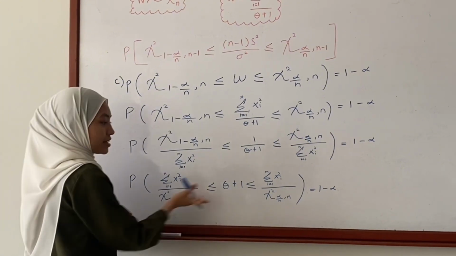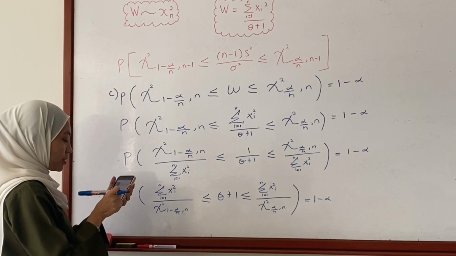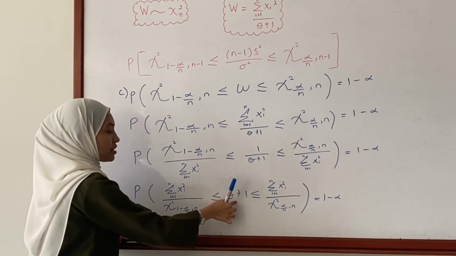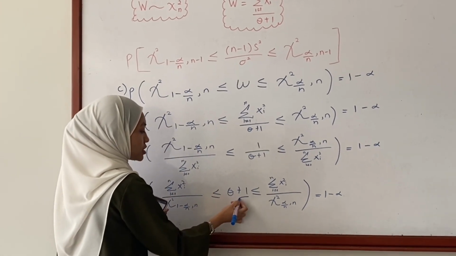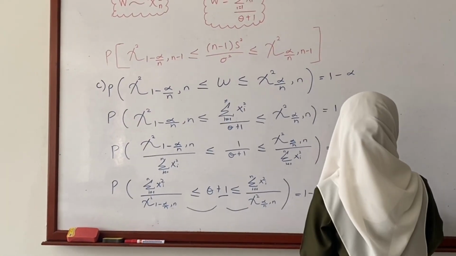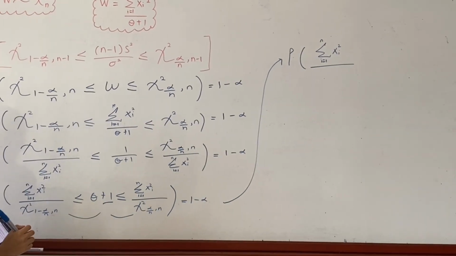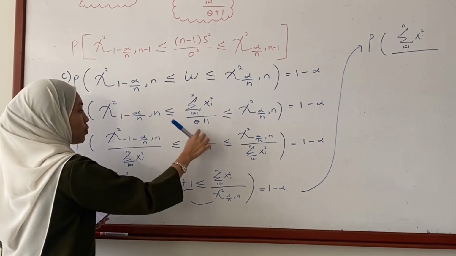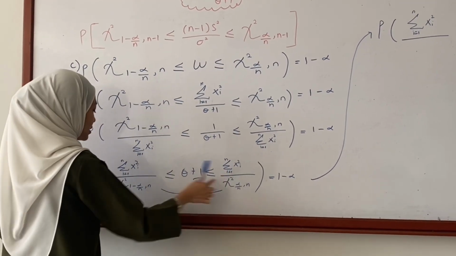Alright, is this the answer that we need? Actually, no, because from the question, we need to construct a confidence interval for theta only, and we don't need the plus 1 here. Therefore, we need to bring the plus 1 to the left and to the right. Hence, we will get... I'm sorry. After we bring 1 to the left and to the right, we need to exchange this place.